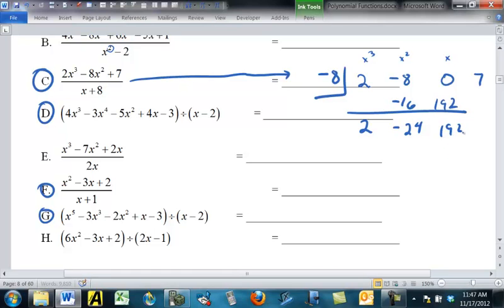Add those, 192. 192 times negative 8, so this will be negative, 1536. Negative 1536 plus 7 is negative 1529.